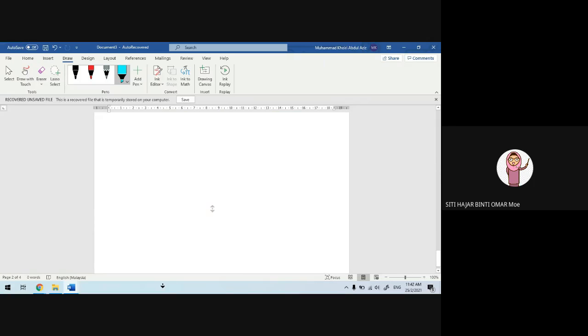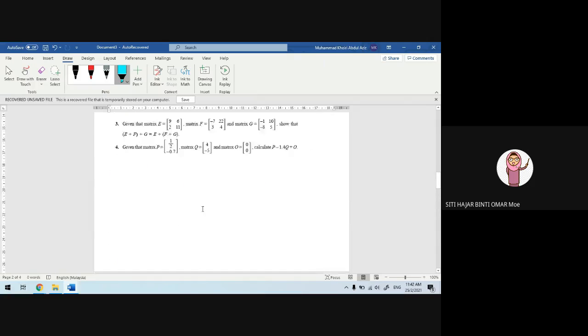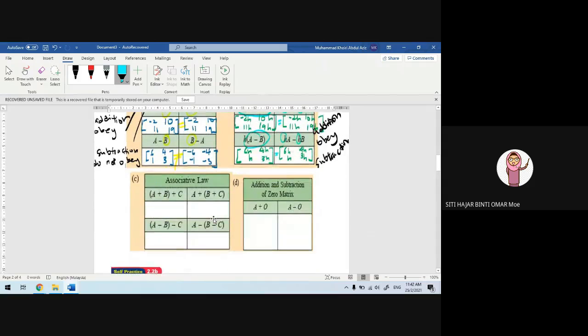Okay, associative law. Now we go to associative law. Your final answer is this one for left hand side, this one for right hand side.